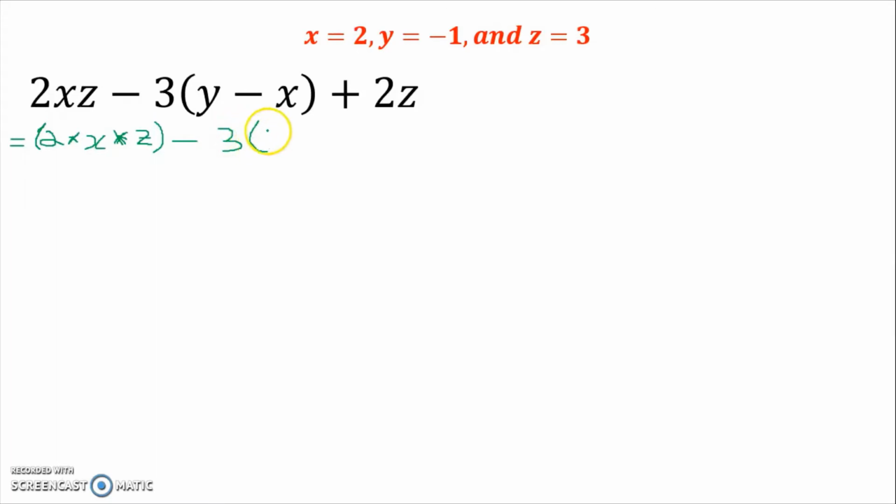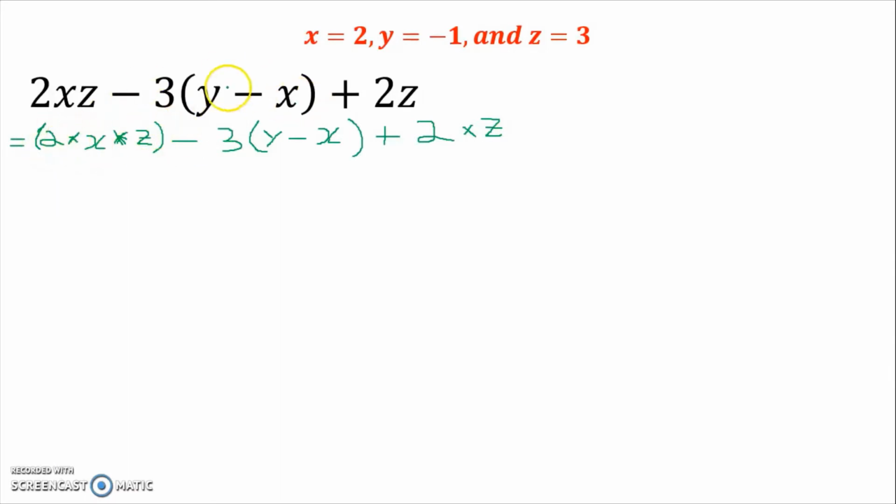Subtract 3 open bracket y subtract x. We cannot expand that any further. Close bracket plus 2 times z. 2z is the same as 2 times z.